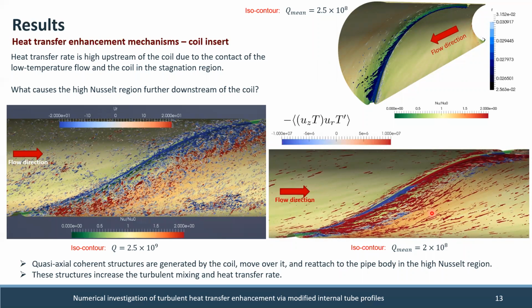And if it's negative, it means that the turbulent fluctuating motions are against the increasing convection, so they are not helping it. So we can see that above the region where we have high Nusselt number, they are all red, which means that these vortices are helping the heat transfer. So these structures are increasing the turbulent mixing and heat transfer rate.